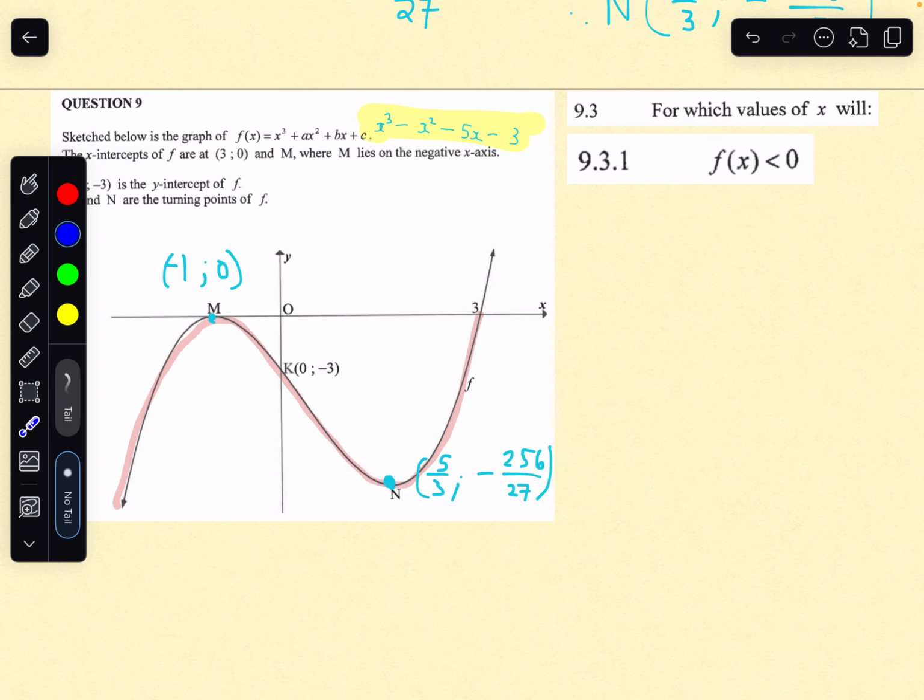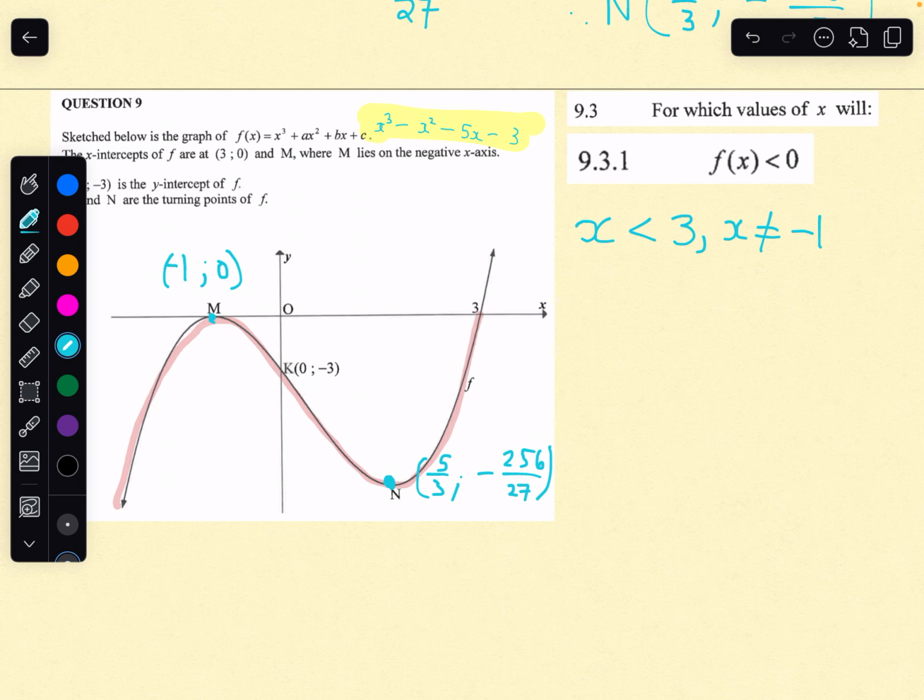However, there is this place here where f of x is equal to 0, and we're not looking for places where f of x is equal to 0. We're looking for places where it's strictly smaller than 0. So we are saying if x is smaller than 3 and x is not equal to -1, then f of x gives us negative values, strictly negative values.